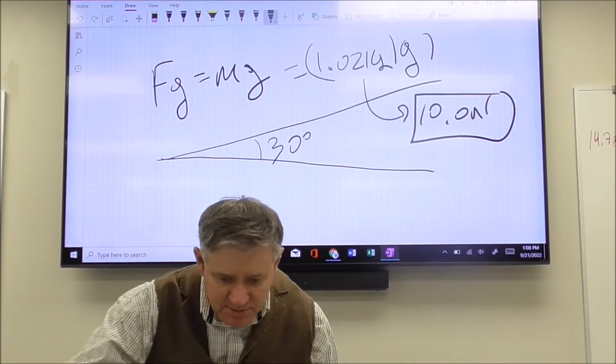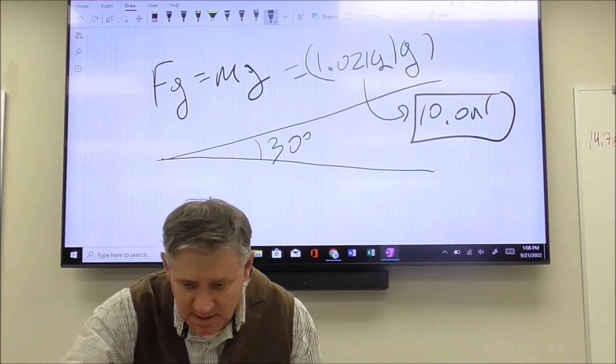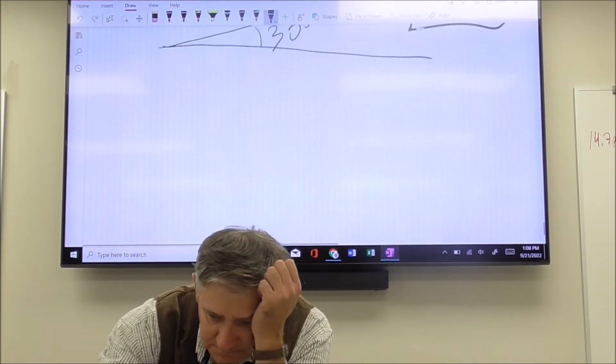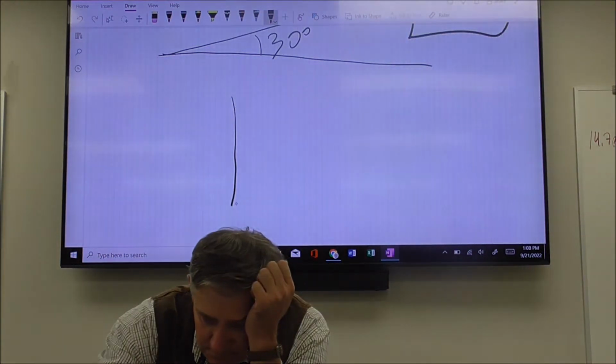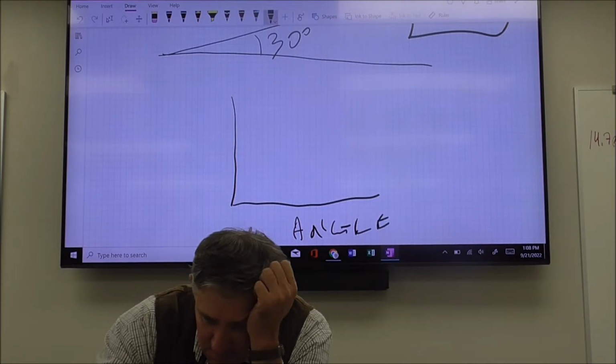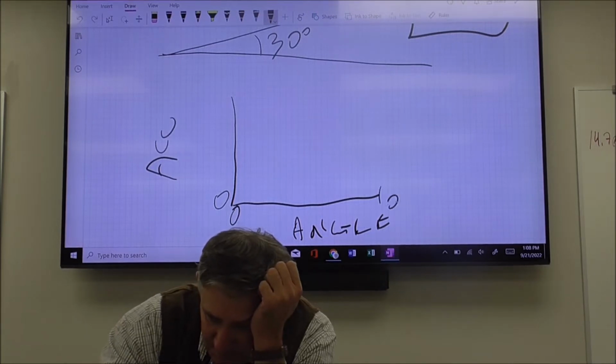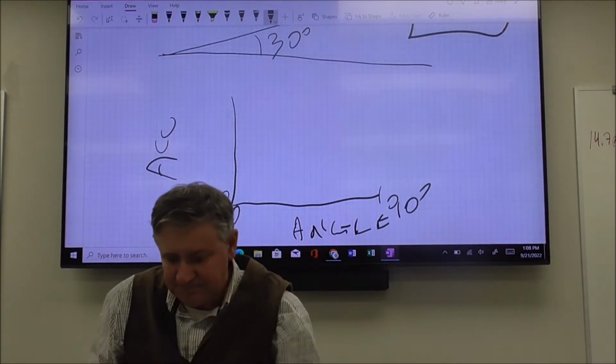So if you were to draw a graph, here's your angle, here's 0, and this is your acceleration. Let's say that's 90 degrees.